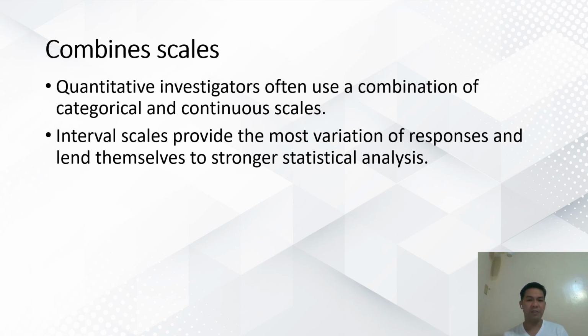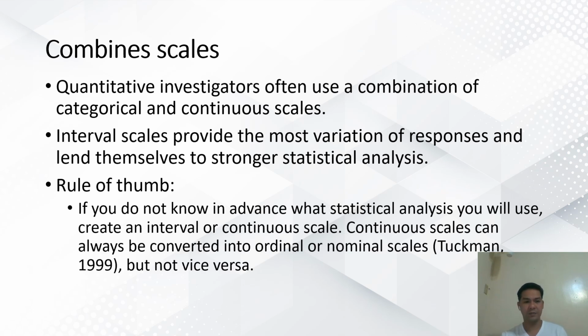Interval scales provide the most variation of responses and lend themselves to stronger statistical analysis. Rule of thumb: if you do not know in advance what statistical analysis you will use, create an interval or continuous scale. Continuous scales can always be converted into ordinal or nominal scales, but not vice versa.